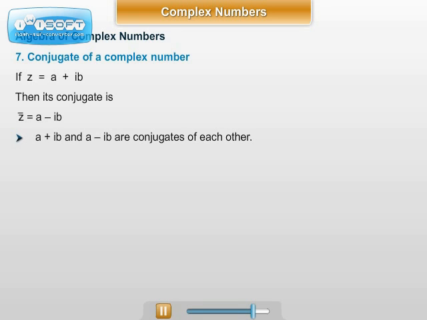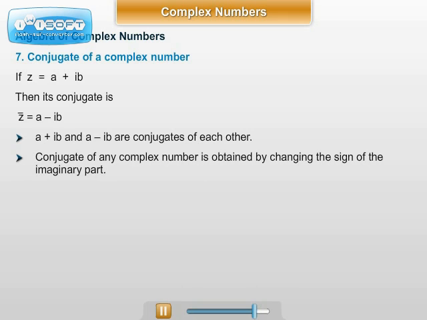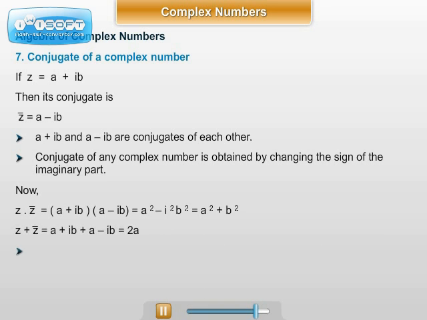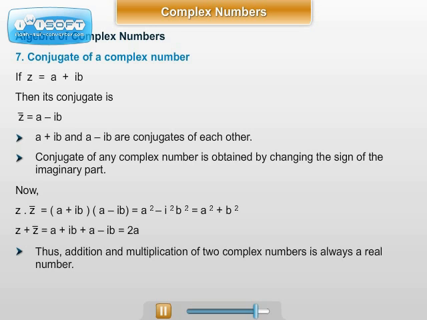Two complex numbers a + ib and a - ib are called complex conjugates of each other. a - ib is the conjugate of a + ib, and a + ib is the conjugate of a - ib. Thus, to get the complex conjugate, you have to change the sign of the imaginary part only. It can be seen that the sum and product of two complex conjugates are purely real numbers.